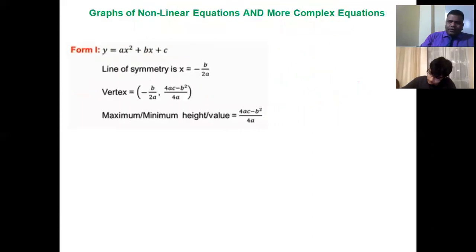Right. Now let's start one by one. I'm taking the standard form: y is equal to ax square plus bx plus c.